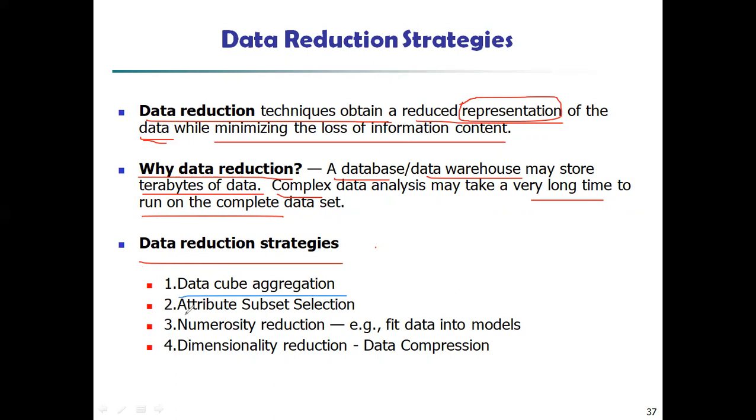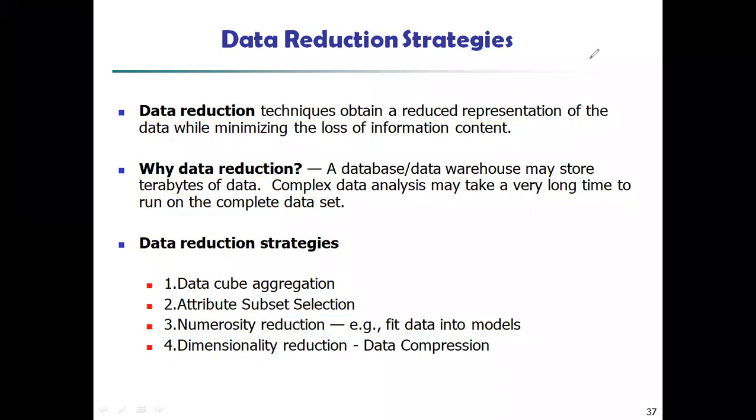Second one is attribute subset selection. Third one is numerosity reduction. Fourth one is dimensionality reduction. These are the 4 data reduction strategies we have. Let us discuss them one by one.